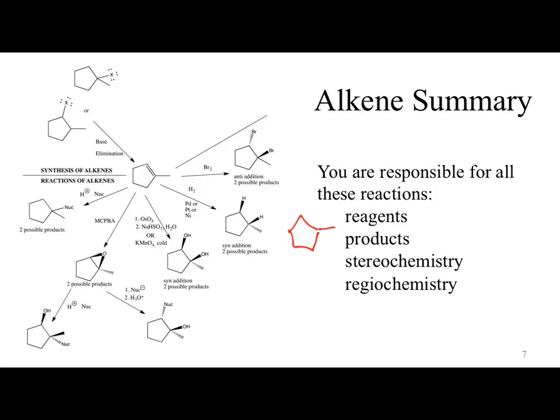Once we move into Chapter 8, I'm going to add another synthesis type. And in fact, at the end of today, I might even add yet another one, because we can get alkenes from alkynes, and we can also get them from alcohols. So the idea is to put all that information in one spot that you can now quickly reference.